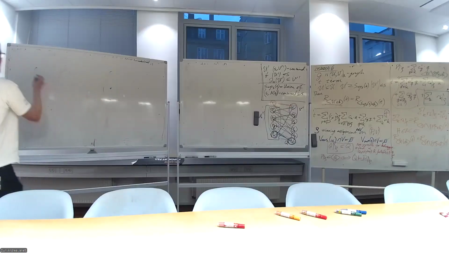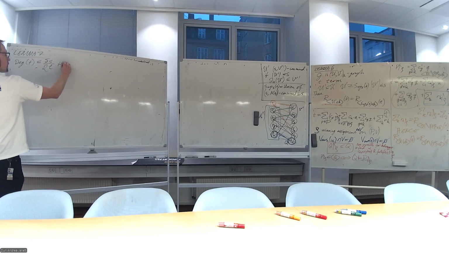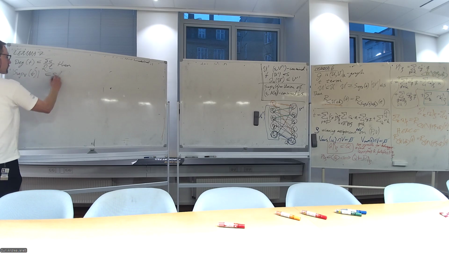Okay, just a few more lemmas. The first one is that if the degree of a term is not too large, then the support of the term has size at most s over 2.